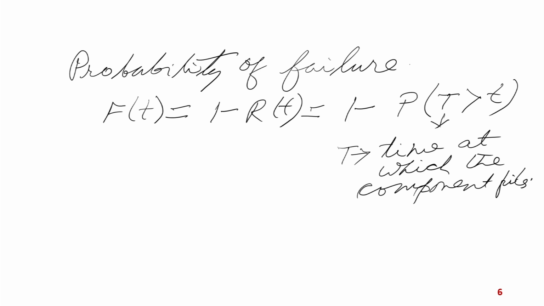Since this is a cumulative probability function, I can write 1 minus P(T less than or equal to t). What does it mean? It is the time at which it is failing, so if the time is more than that t, it is a failure function.